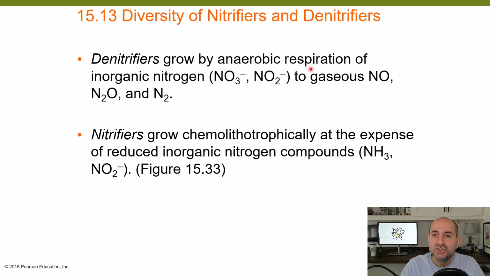Anaerobic respiration means that you use something other than oxygen as your terminal electron acceptor. So these denitrifiers use nitrate, NO3, or nitrite, NO2, as their terminal electron acceptor at the end of cellular respiration.